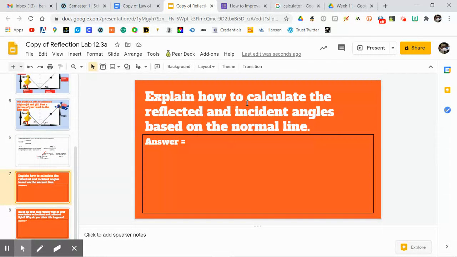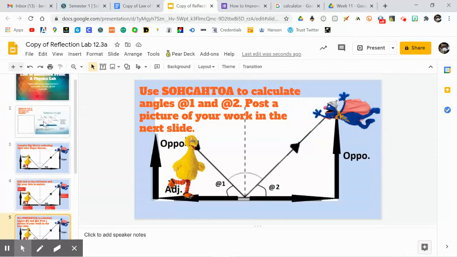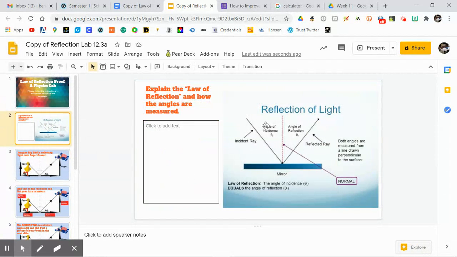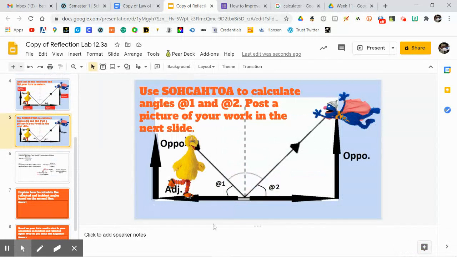And so now explain how to calculate the reflected and incident angles based on the normal line. And so if you notice, angle of incidence is on the top, angle of reflection is on the top. So you need to tell me, well, this is the angle that we calculated, and this is the incident angle, and this is the reflected angle.